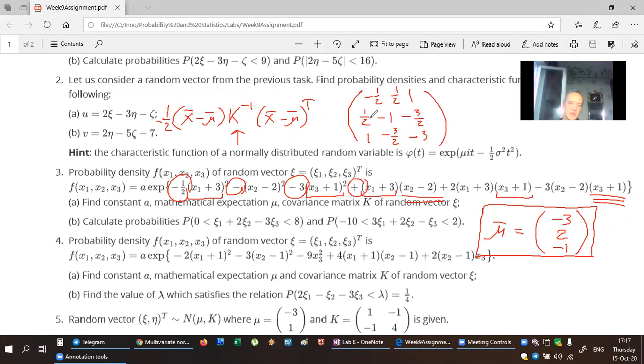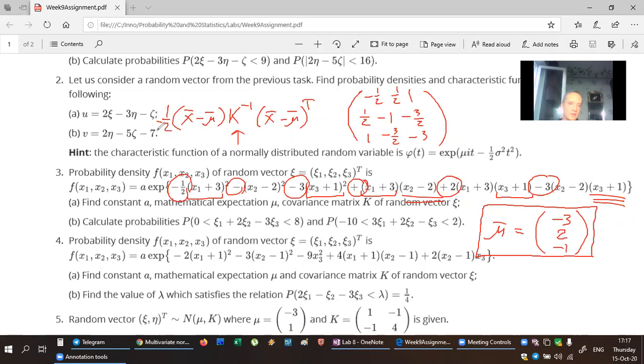We have to divide it into two parts, half here and half here, because the matrix is symmetric. And you see it if you open the brackets when you multiply vectors and matrix. Here we have 2, so it means that it will be plus 1 here and here. And here we have minus 3. It means that it's minus 3 over 2 here and here.